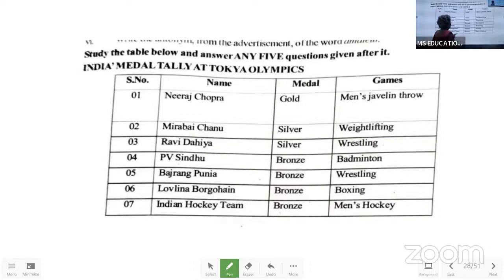Bajrang Punia, bronze wrestling. Lovlina Borgohain, bronze in boxing. And the last, Indian hockey team, bronze in men's hockey. So total medal tallies are of 7 games.